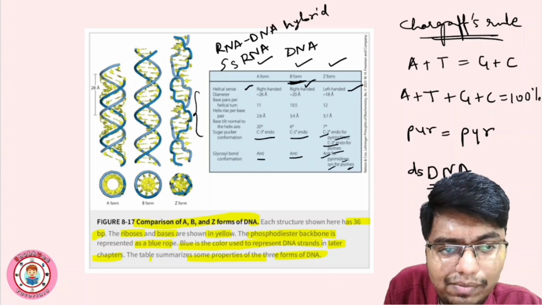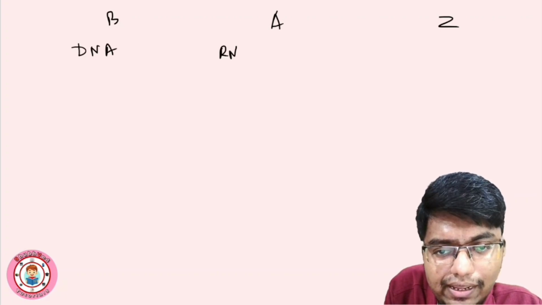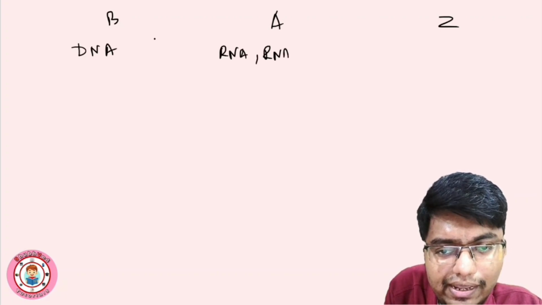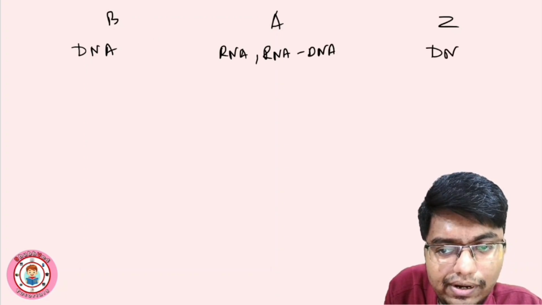Now let's see the comparison of B form, A form, Z form. B form is for DNA, A form for RNA and RNA-DNA hybrid, right? And Z form DNA.